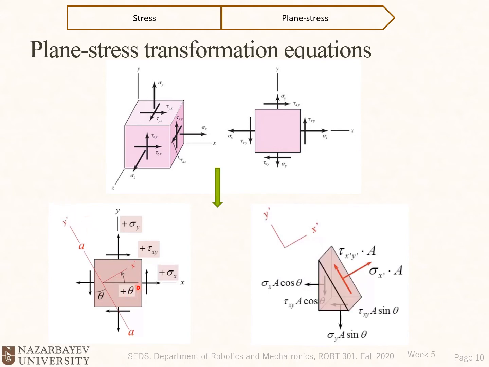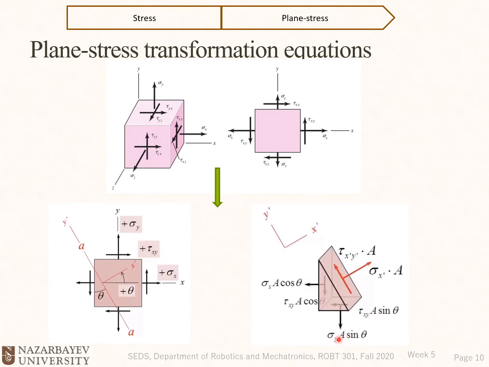How much we rotate the original coordinate system: theta. So we need to basically cut the cube and find normal and shear stresses on the surface of the new coordinate system of x prime and y prime.